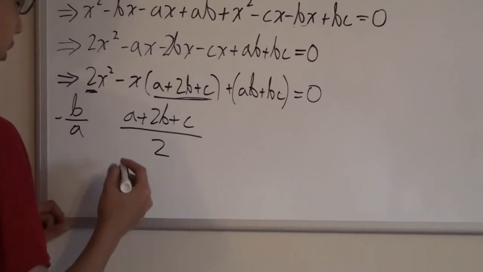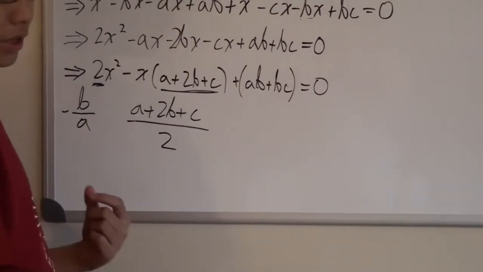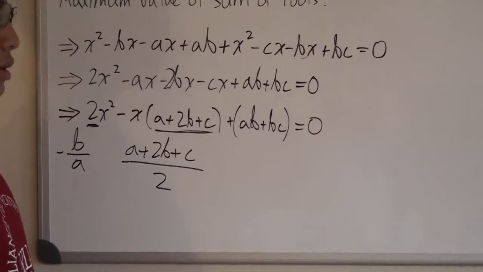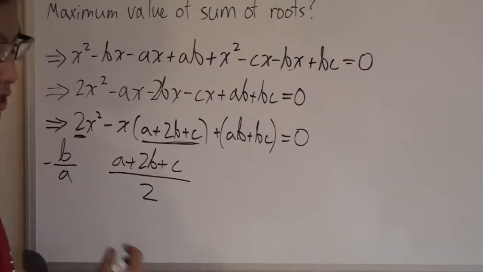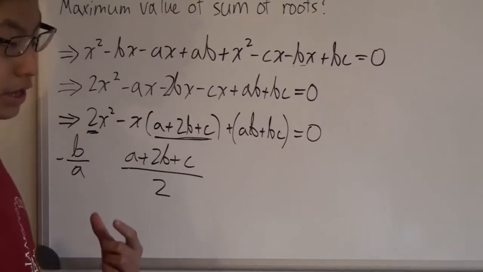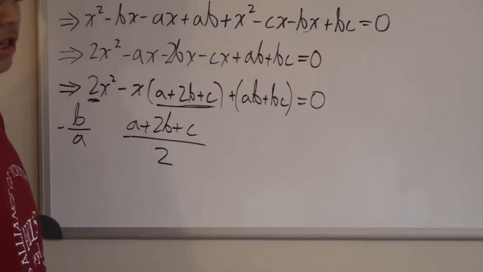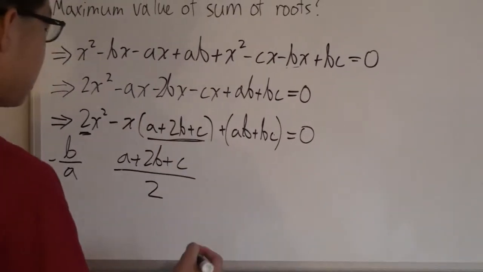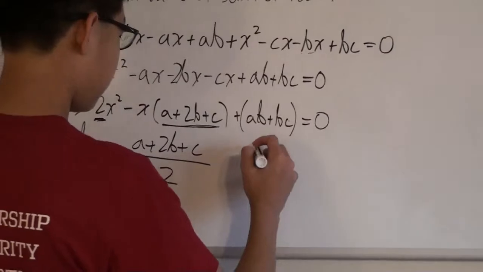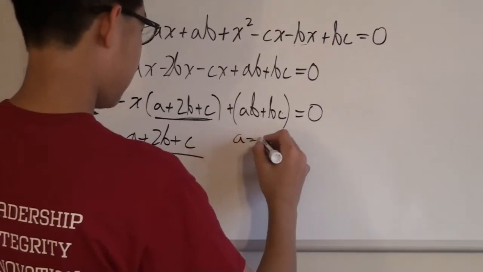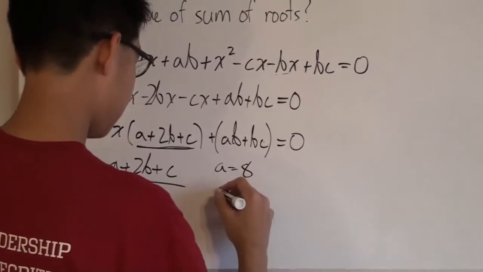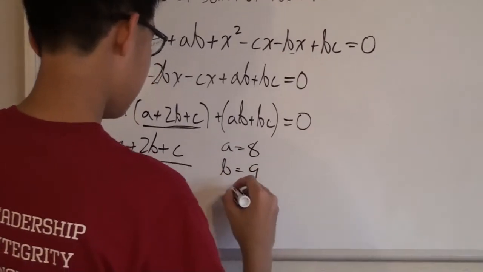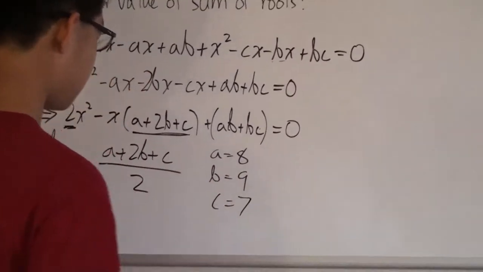So after we do that, a and c will have to be the second and third highest numbers. So in this case, it wouldn't matter. A could be 8 or 7, and c could be 8 or 7. So we would get that, say a equals 8, b equals 9, and c equals 7, for instance.